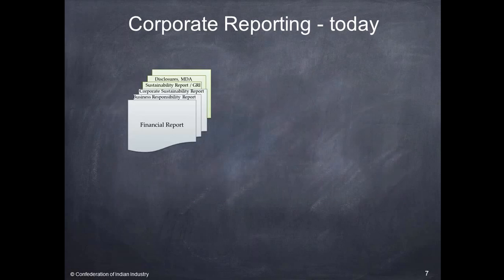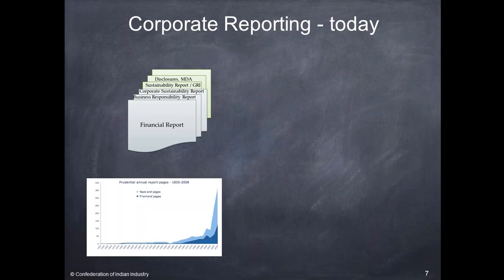Now, we have a lot of reports today, including the BRR in India, especially. We have BRR, we have the sustainability reports unique to each organization. We could have a GRI, and then we also have our disclosures and the MD&A. When you put all of that together, you will see that the size of these reports has increased tenfold, almost from 50 to 350 pages in 3 decades.